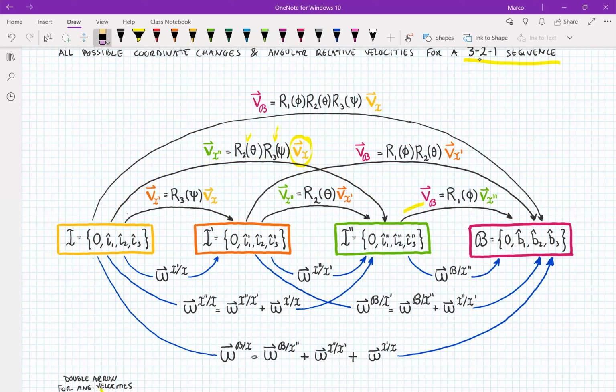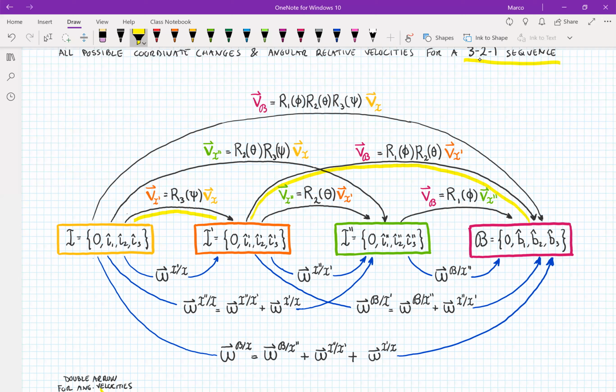So you can see how this works. And the last thing, the other combination, would be if we go from I to I prime first, and then we jump from I prime to B. And so you can read the coordinate transformation of these two rotations.